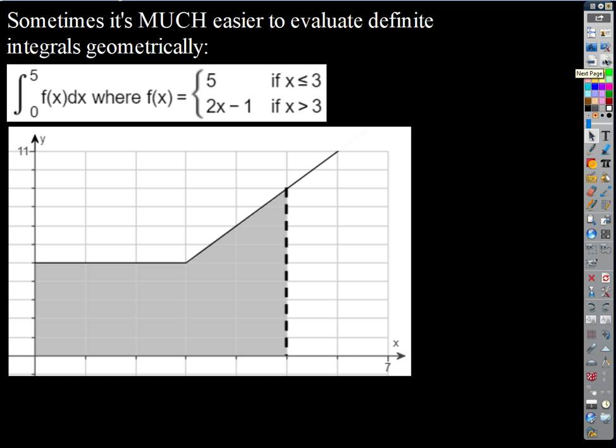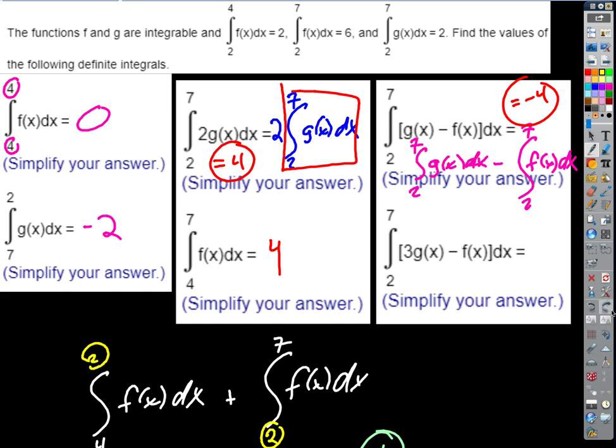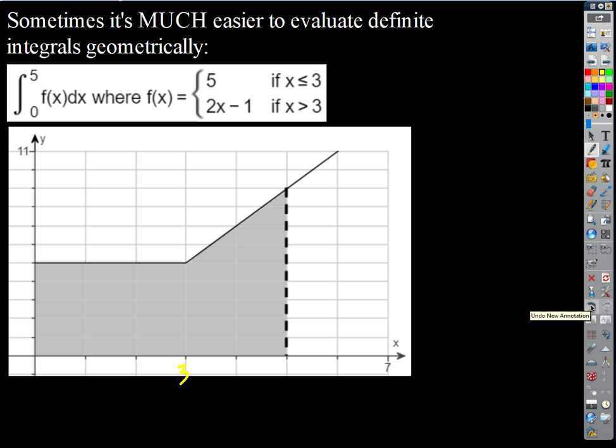If we look at this piecewise function, f of x equals 5 whenever x is less than 3. So here's 3 on the x-axis. So then this is the boundary line between the two behaviors, right?